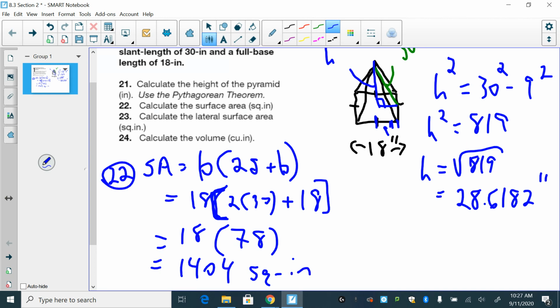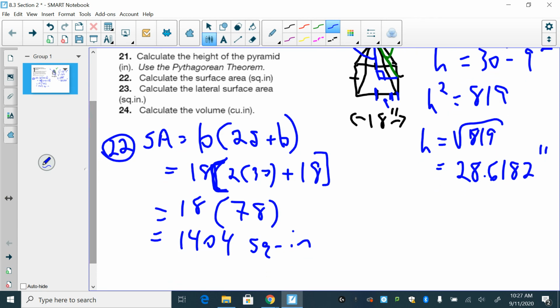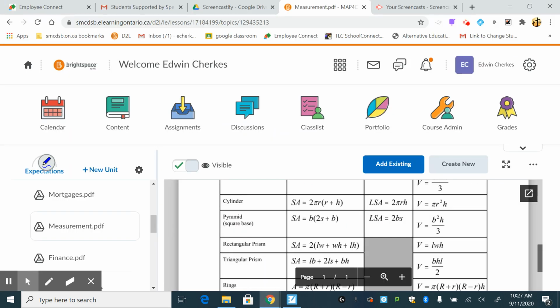Okay, calculate the lateral surface area. In your formula package you'll see something with LSA. That stands for lateral surface area. So let's go see what that formula is. Square base pyramid, LSA is 2BS. So 2 multiplied with a full base length multiplied with the slant length.